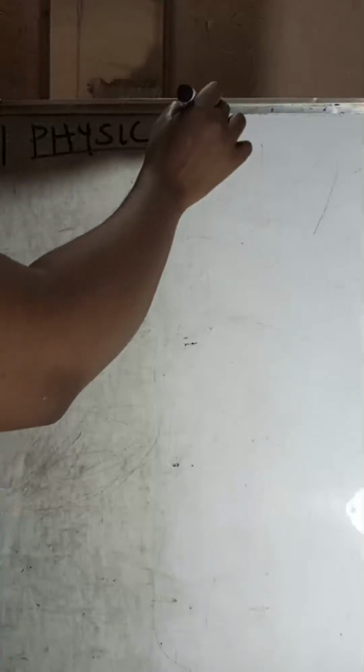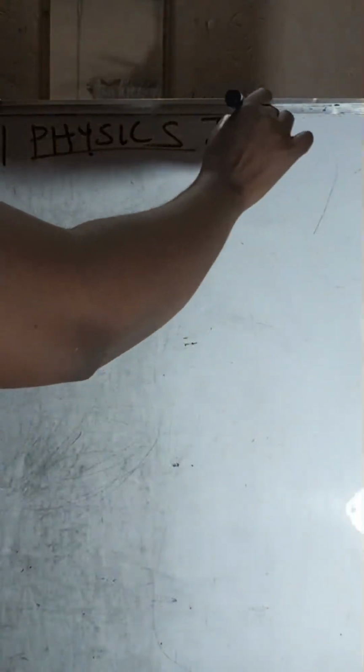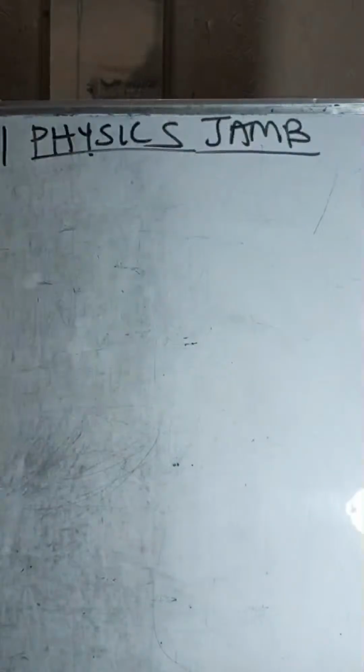Okay, so let me start from measurements. Now I have only one person on board out of 4. Let me start from measurement so that they will join later. All right. So say this is physics, say JAMB. So you're looking at measurement.